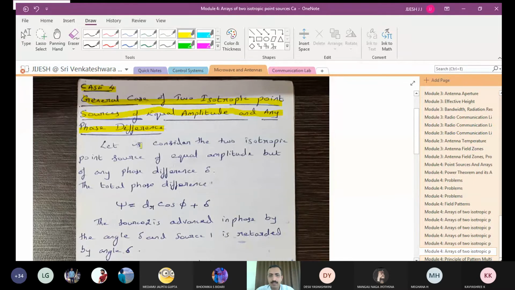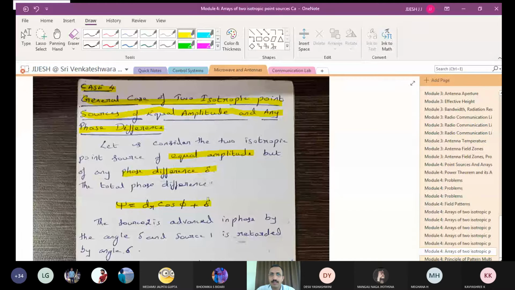So let us consider two isotropic point sources of equal amplitude but any phase difference delta. So the total phase difference can be written. This equation we have already discussed in the first case as well. What case 4 indicates is two isotropic point sources of equal amplitude, but you are not worried about the phase.